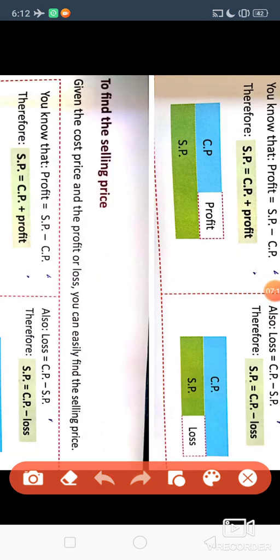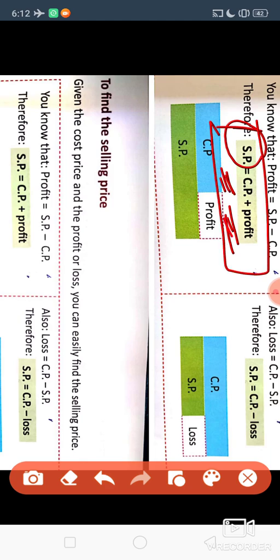So one by one we have seen these 4 formulas. There are 2 formulas to find SP. When profit is given in the question and cost price is given, then selling price will be equal to cost price plus profit.